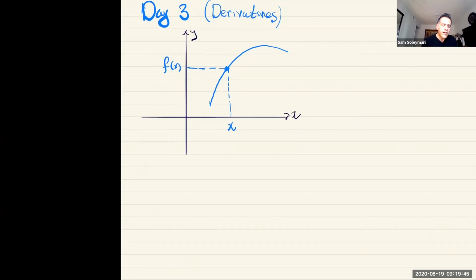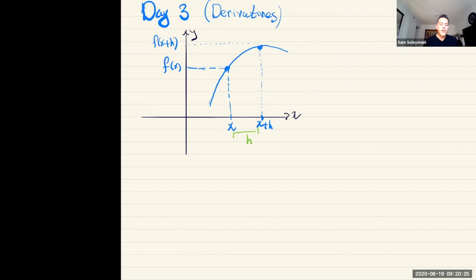And then take another point, some later point, h units away from x. So the point corresponding is going to have x coordinate x plus h, and of course the y coordinate is f of x plus h. So you have 2 points right there.